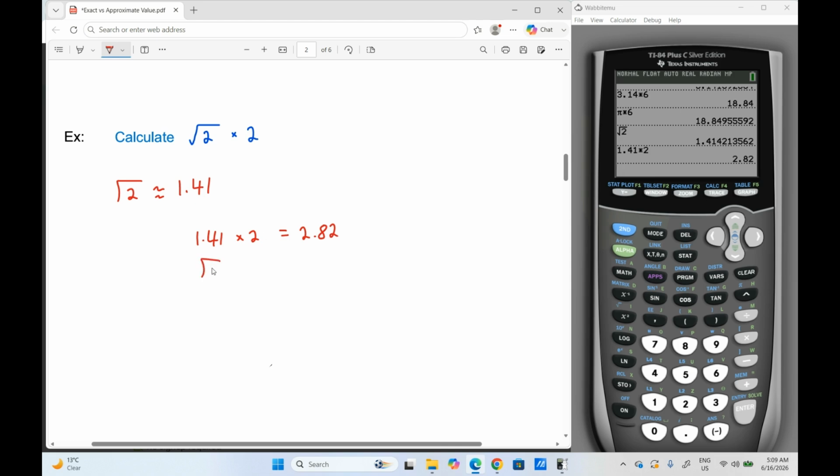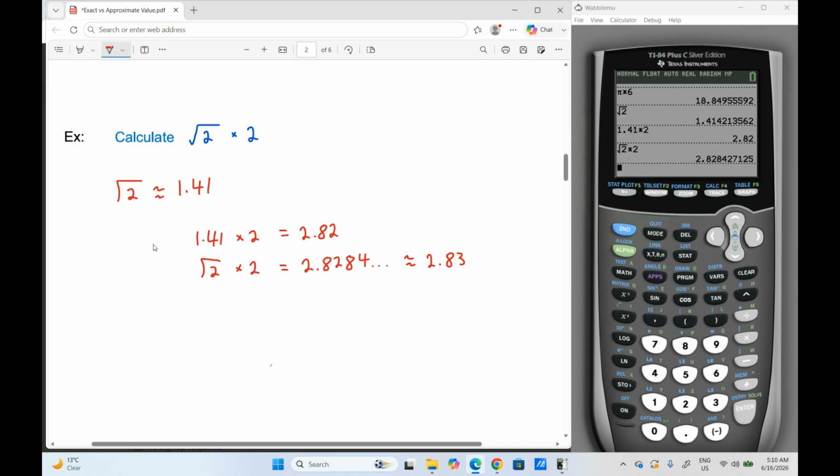But if I take the square root of 2 and I multiply it by 2, I'm going to get 2.8284... And again, if I round this number, to the nearest hundredth, it's going to be 2.83 instead. Again, the exact value, root 2, is much more accurate than the approximate value of 1.41.